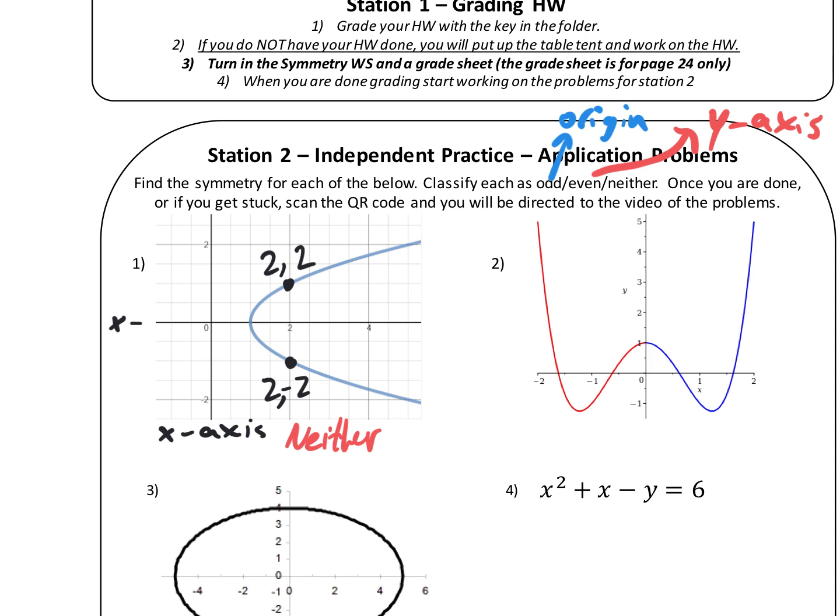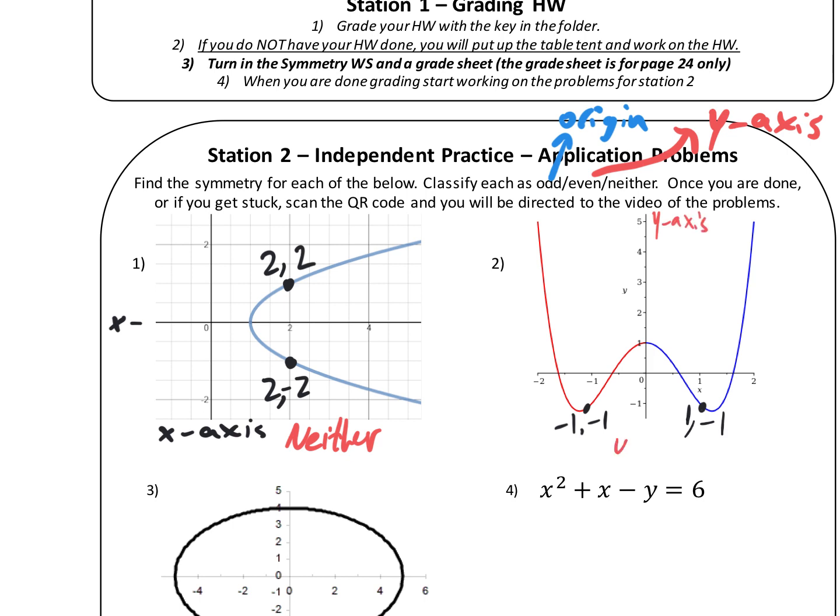Okay, let's take a look at our second graph though. So here on the second graph, let's match up a couple of points. How about these two? We got (-1, -1) and (1, -1). Okay, so notice I have the same y value. This has symmetry across that axis right here. Okay, so we are symmetrical across the y-axis.